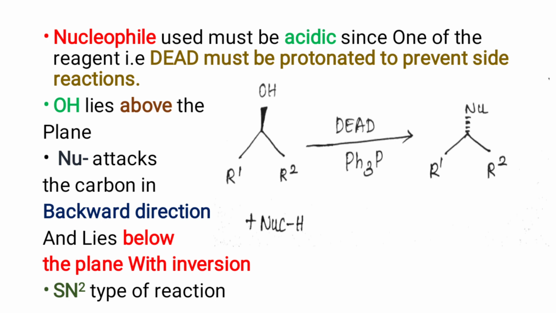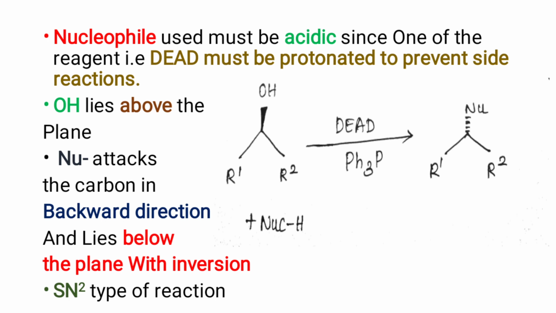In this reaction, a chiral alcohol in which the OH lies above the plane reacts with a nucleophile. This nucleophile must be acidic because the reagent DEAD must be protonated to prevent a side reaction, and it is removed as a byproduct, which we will see in the mechanism.